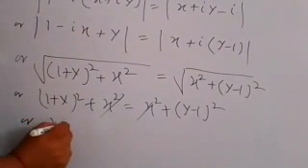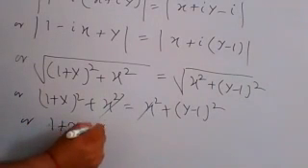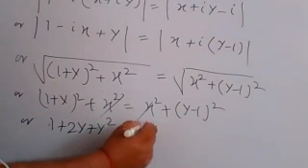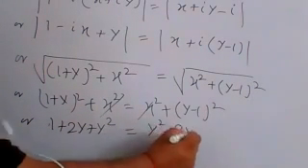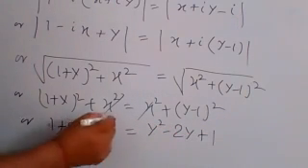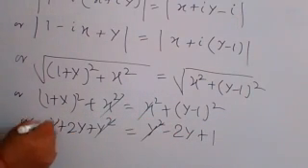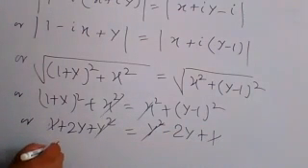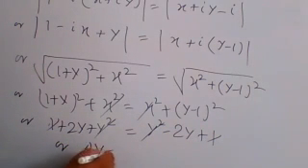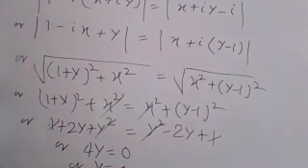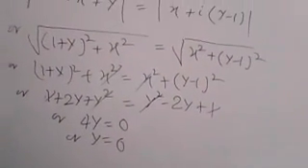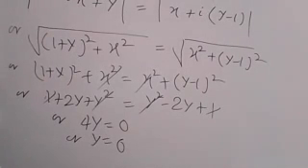You have 1 plus 2y plus y square is equal to y square minus 2y plus 1. So y square is cancelled, 1 and 1 are cancelled out. So you have 4 times y is equal to 0, or y is equal to 0.